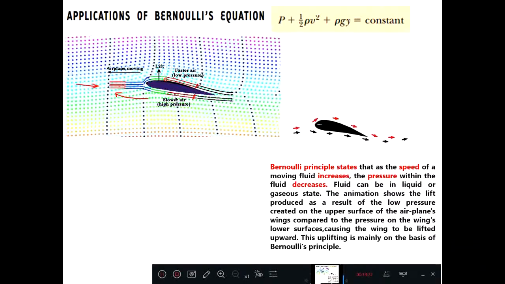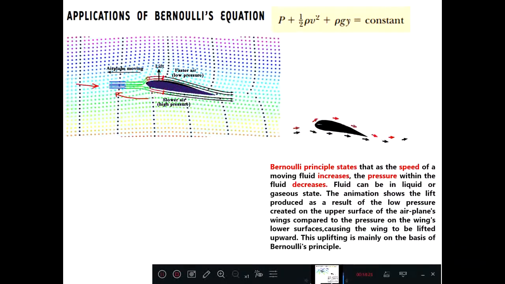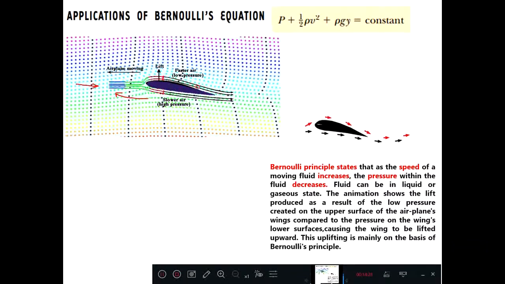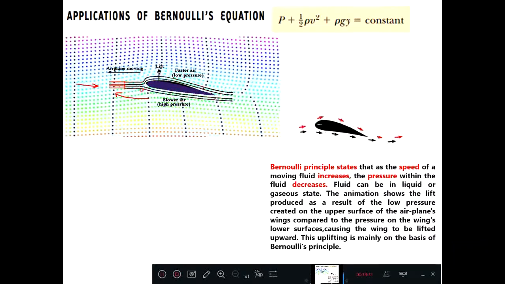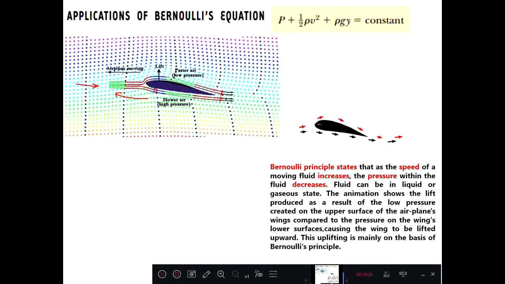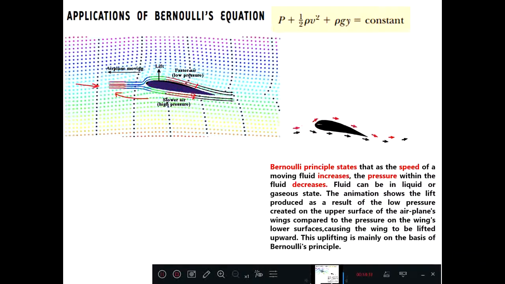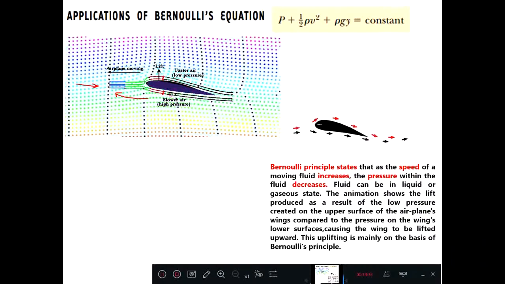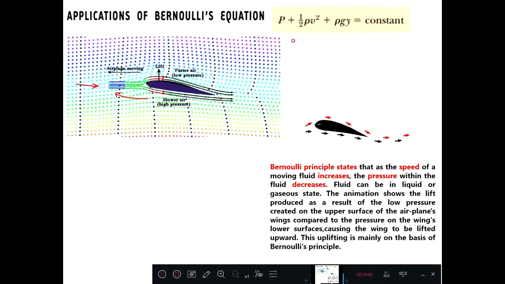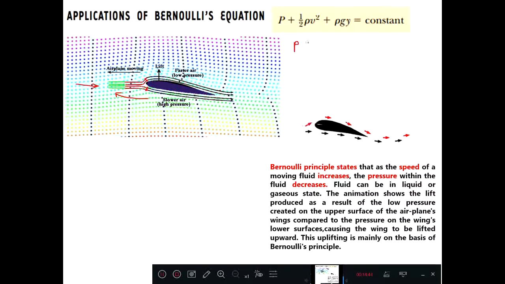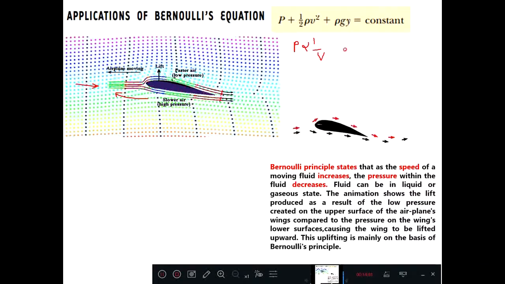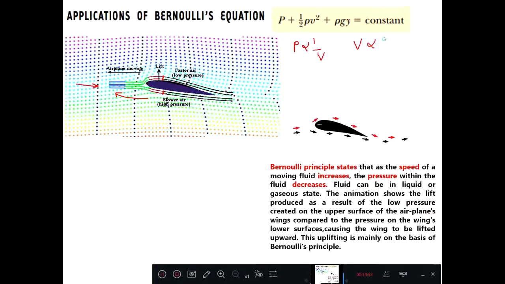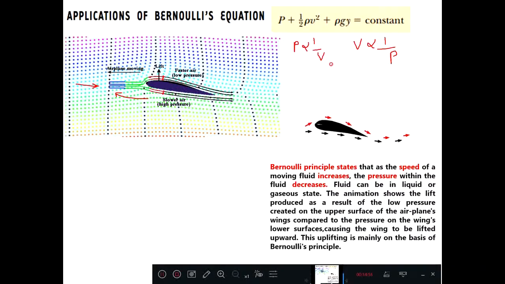The air will be moving very fast, meaning the velocity of the air particles will be very high. On the lower surface of the wing, the air particles will be moving slowly. Hence the velocity is low here. But what Bernoulli's principle says is that the pressure is inversely proportional to the velocity. Meaning wherever the pressure is high, the velocity is less. Or you can write that velocity is inversely proportional to the pressure. So both are the same. Okay.